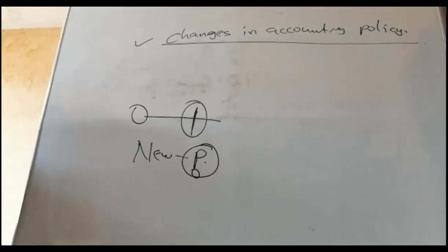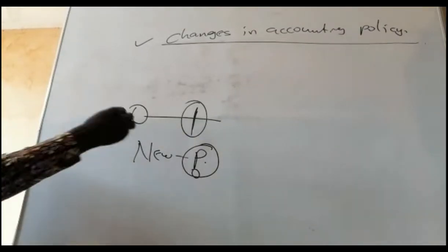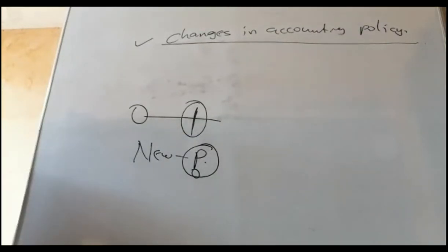The same point, I can extend it. What if previously these transactions were occurring, but they were immaterial? Previously the same transaction occurred, but they were immaterial. But this time they are material. So I decided to adopt a new policy.